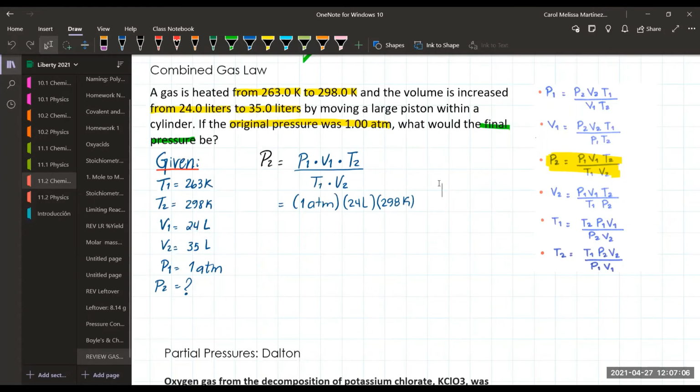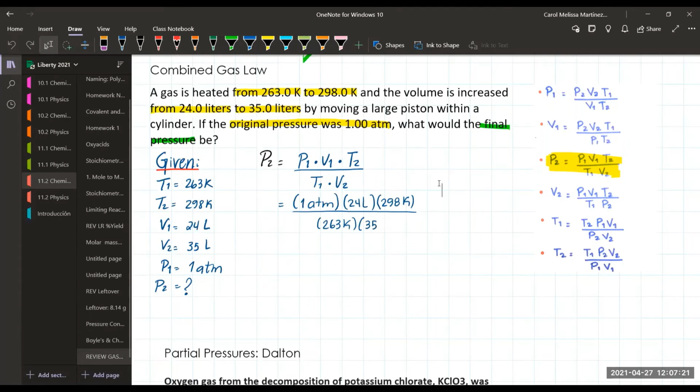All this divided by the temperature 1, that is 263 Kelvin, and the volume 2, that is 35 liters.